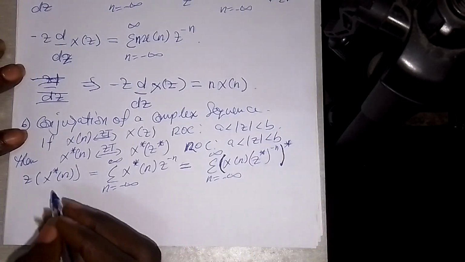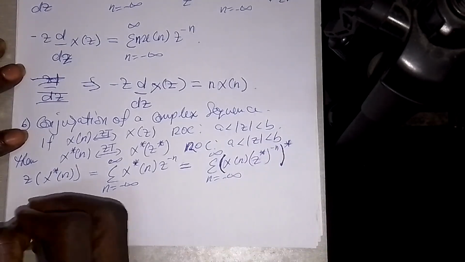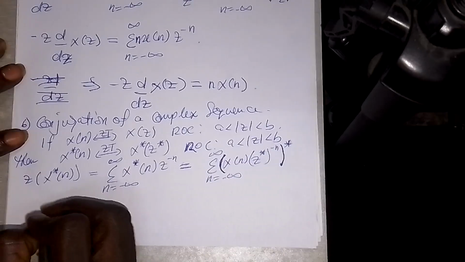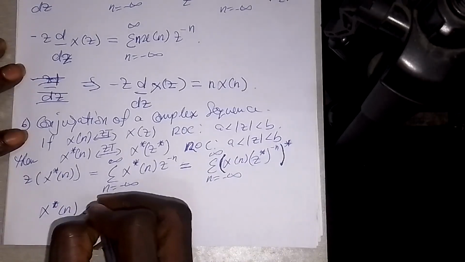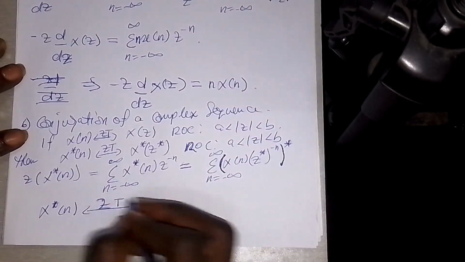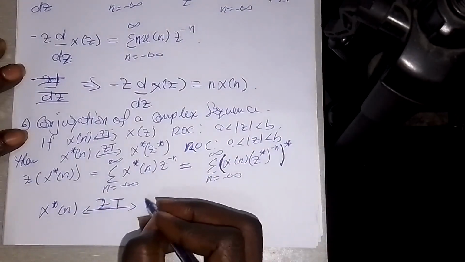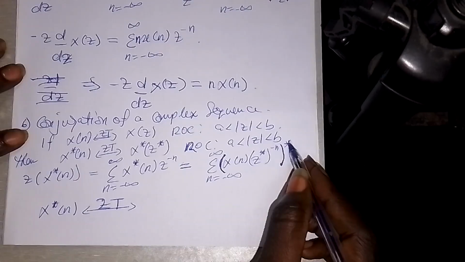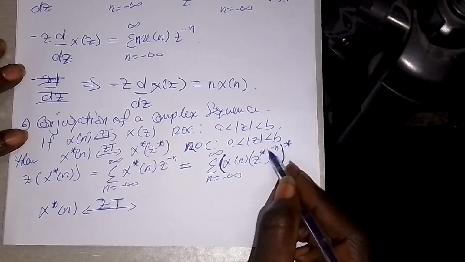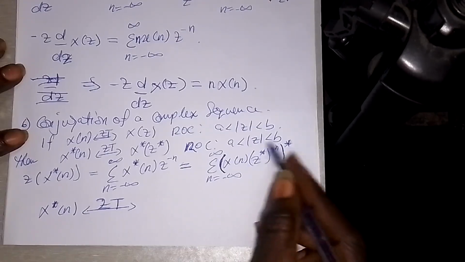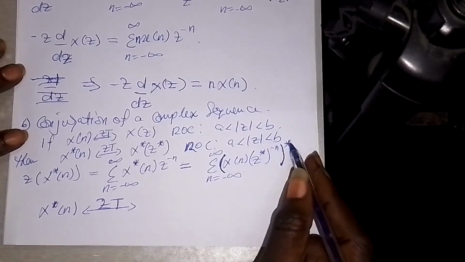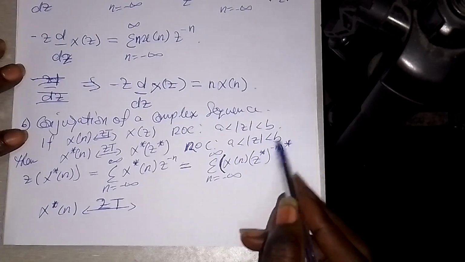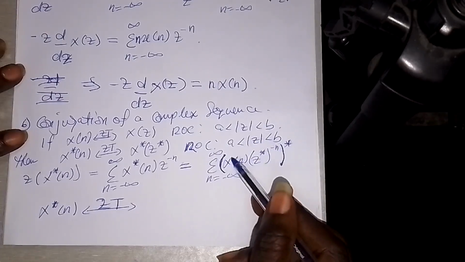So if I have this, then I can say that x star of n has a z transform of this. See that this guy is outside. The whole formula is for obtaining the z transform, except for this conjugate. So now what it means is that if I get my z transform, there will be a conjugate here and a conjugate here.